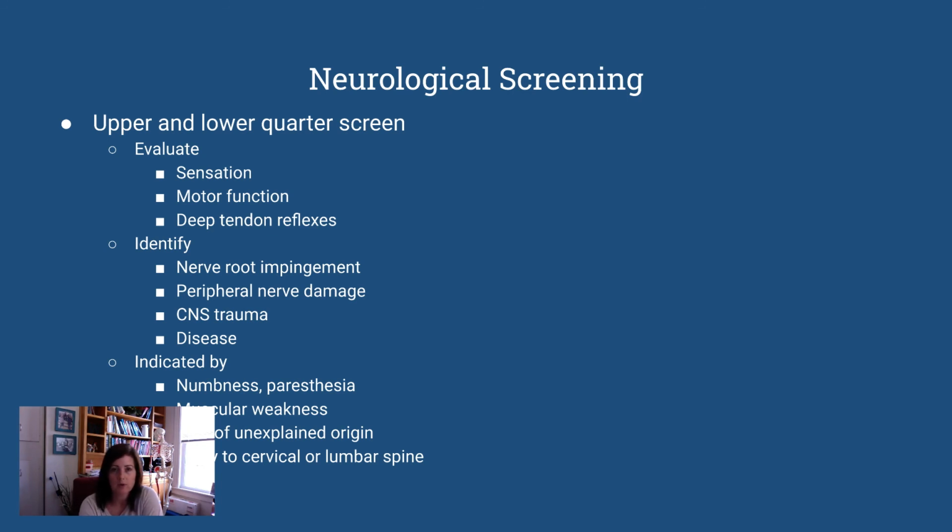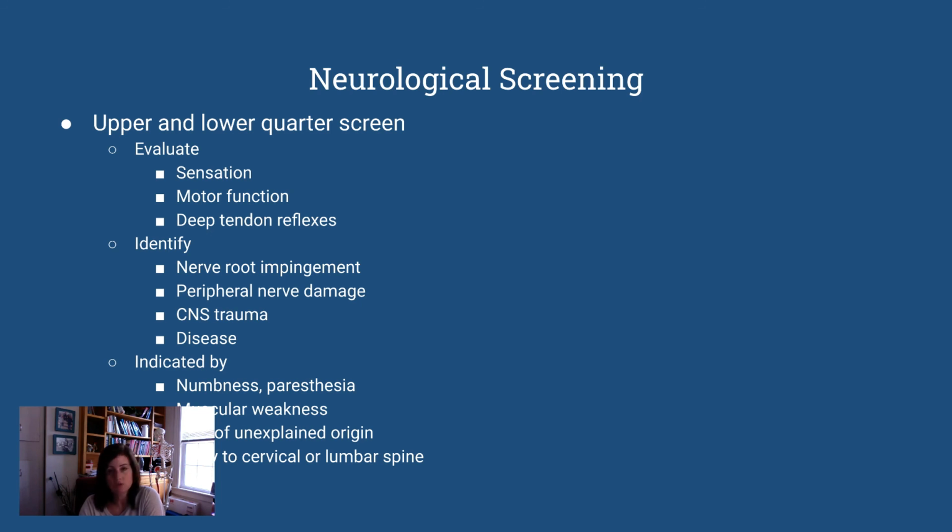It's also really important with our patients to do neuro screens, and we can divide these up into upper and lower quarter screens. This is how we evaluate sensation and motor function through myotomal testing and deep tendon reflexes. Especially with the spine, where we have the potential of having nerve damage, these are screens that you're going to want to do on your patients, and you're going to want to do a thorough job assessing all of these aspects.